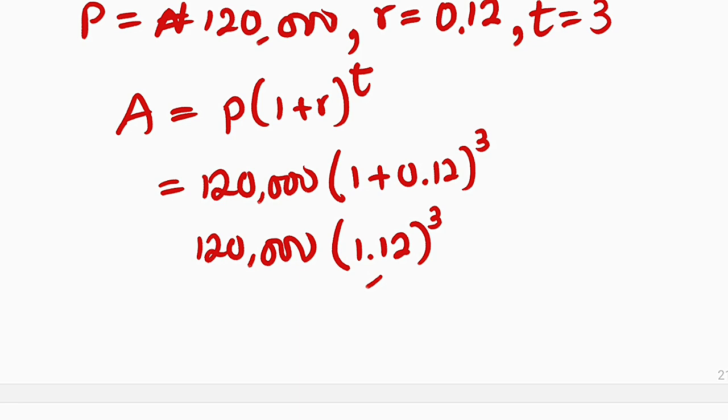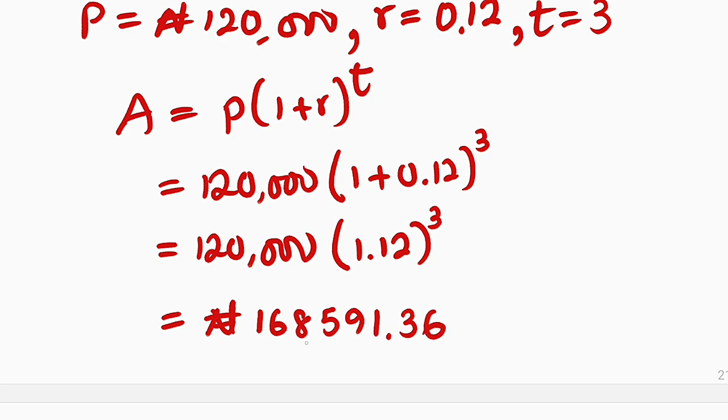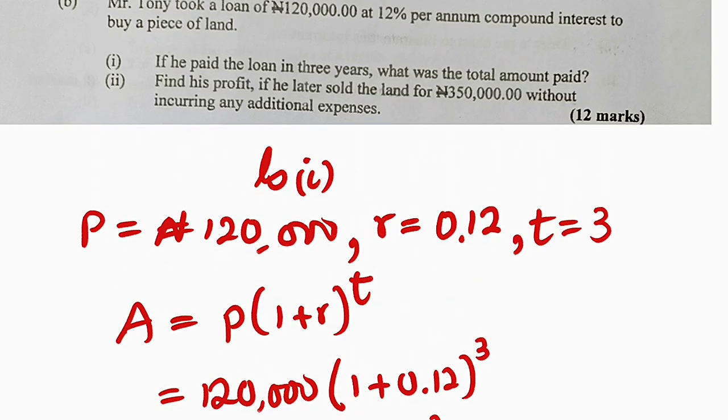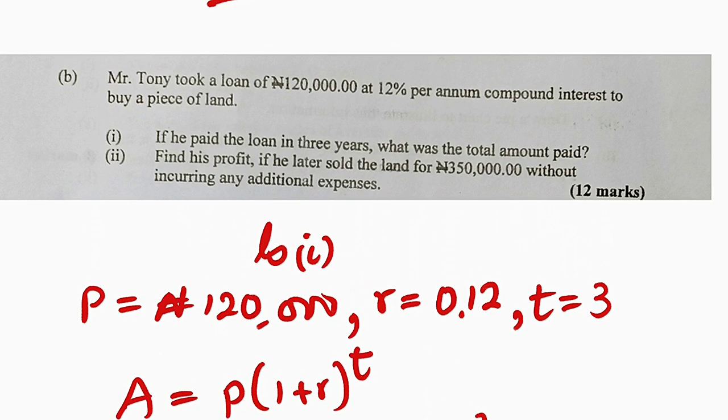Whatever you obtain, multiply that by 120,000. And this is equal to 168,591.36. So this is the amount he paid, and we have just answered Roman 1.